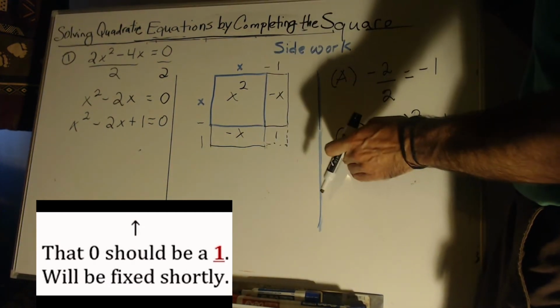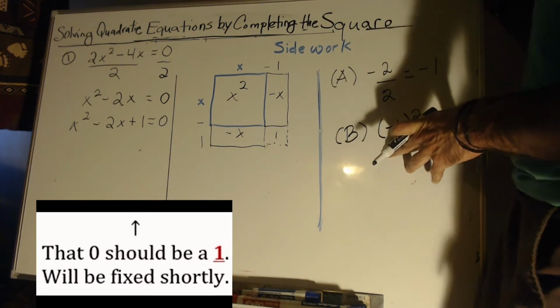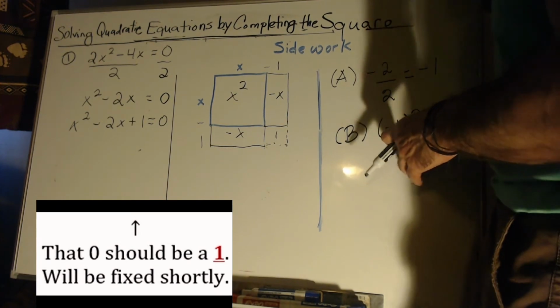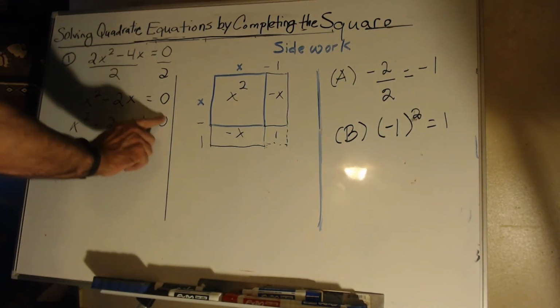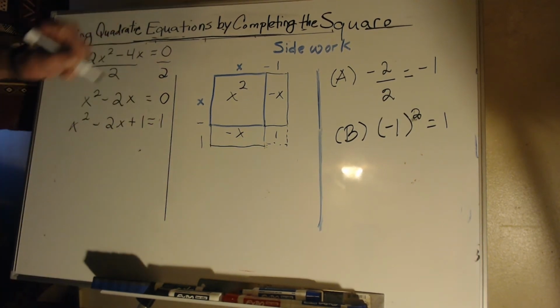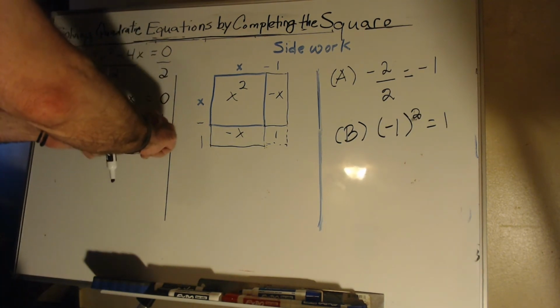In those two steps of side work, we get at the end of the second step what we need to add to the other side. But furthermore, what we have on the left side here now, oops, forgot to add the 1 to the right hand side as well. Sorry about that. So we had to add 1 to both sides.